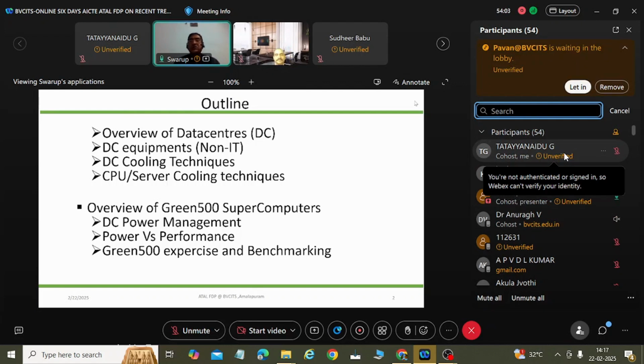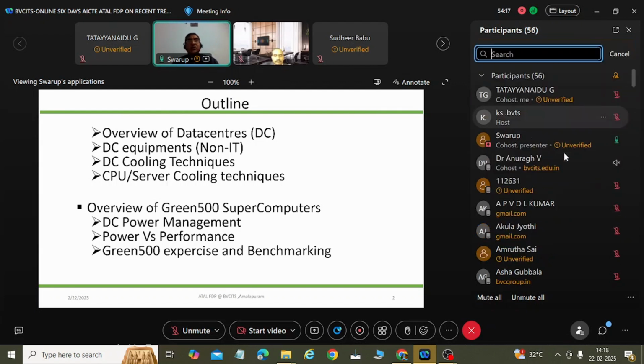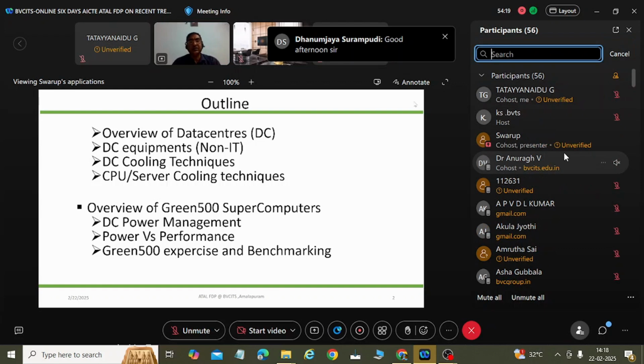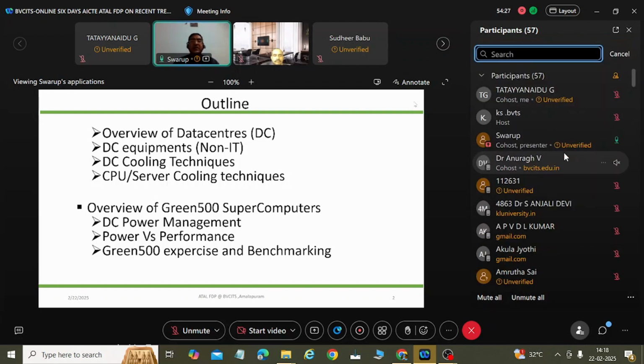Whenever you create big data centers, the difference between traditional data centers and HPC data centers is significant. The look and feel is the same, the infrastructure is the same, the cooling is the same, the power supply equipment is the same. You need a transformer and all that. Whatever is required to run a data center, you need the same for HPC.